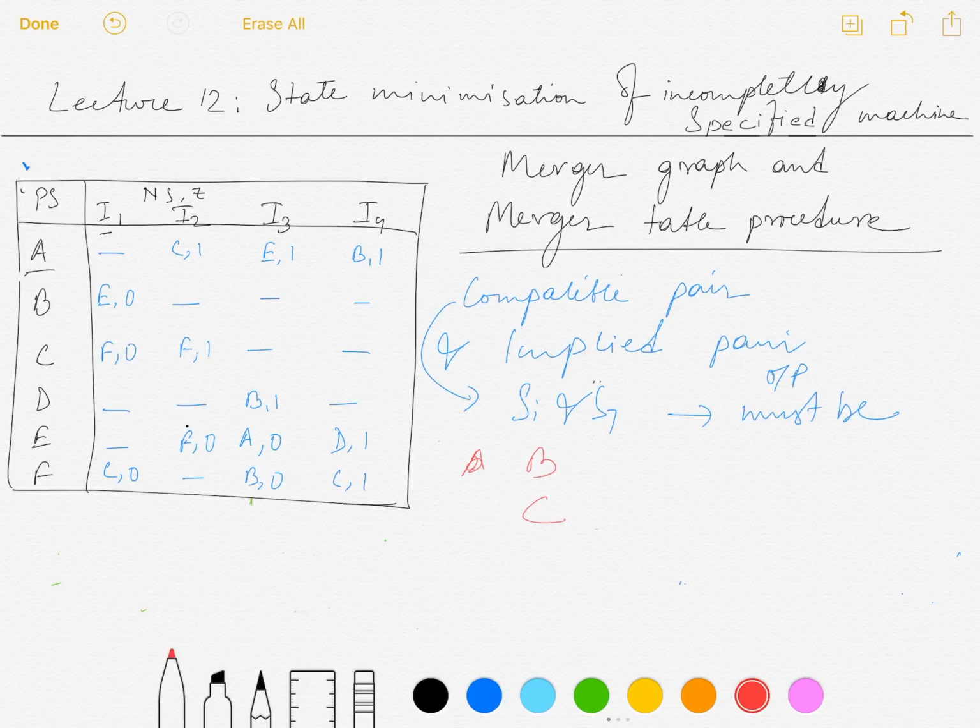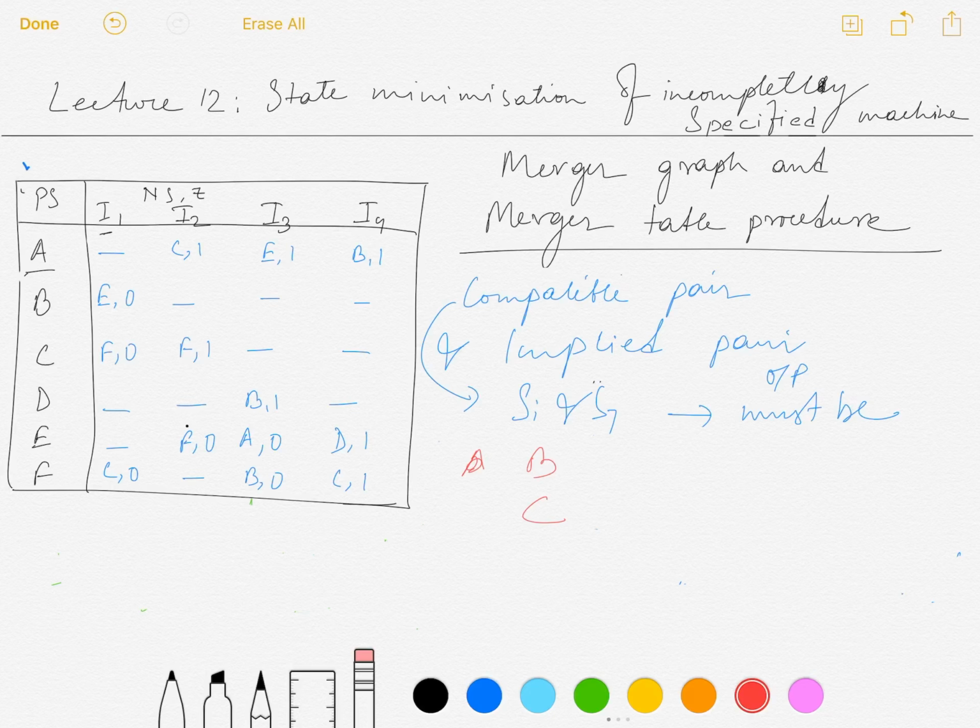For I2, one output is specified, another output is not specified. That unspecified output we can consider a don't care condition, meaning the output may be 0 or 1. For convenience, to make it compatible, we can consider this output as 1. Then for I2 the outputs are the same, for I3 the outputs are not specified so we can consider them the same, and for I4 also it is the same. So, we can say that BC is compatible, but in 3 inputs the outputs are not specified, and for 1 input the output is specified.